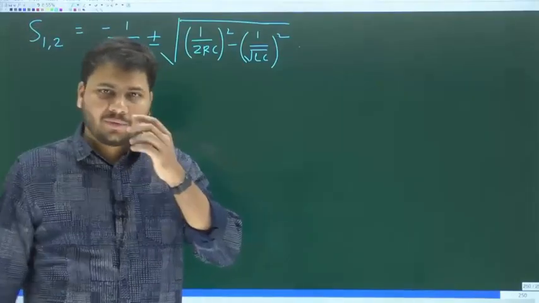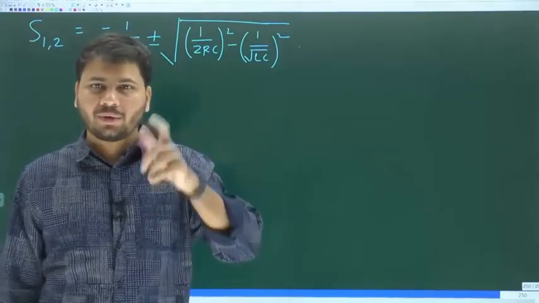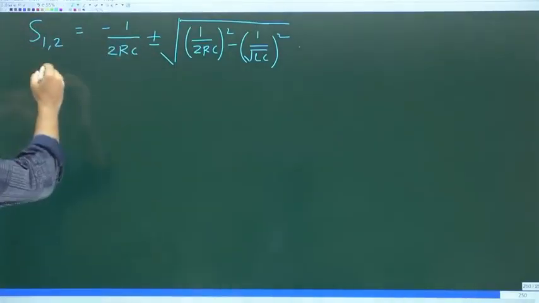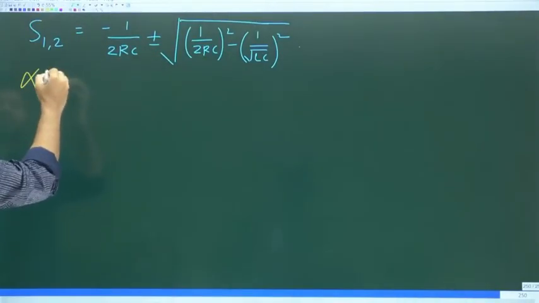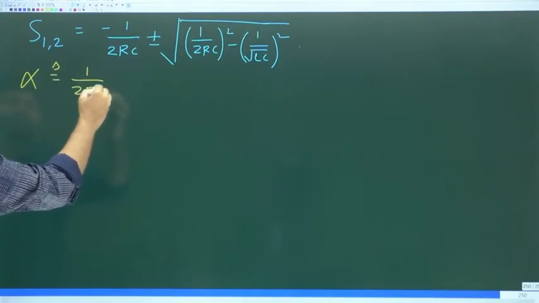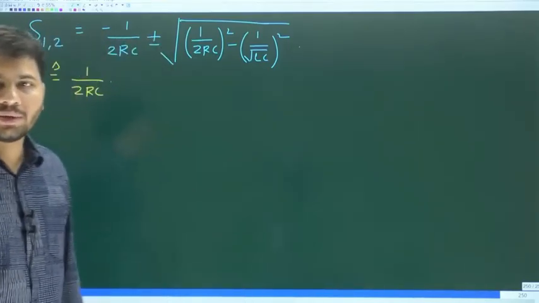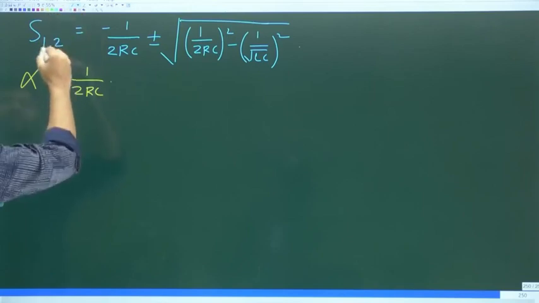Now let us define two new terms. The first term is alpha. Alpha is defined as 1 by 2 RC. Alpha is called the exponential decaying coefficient.